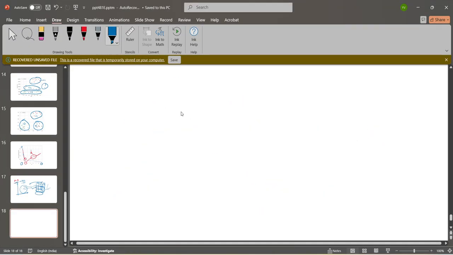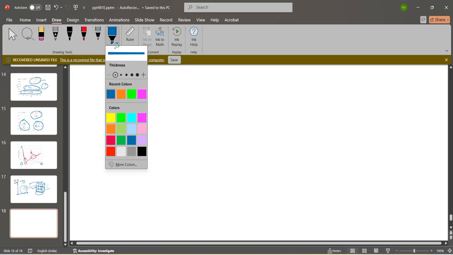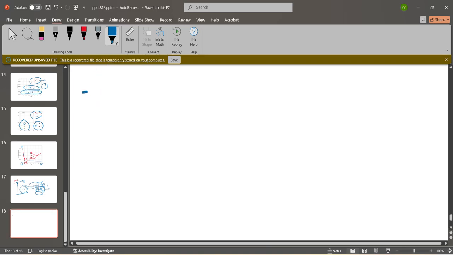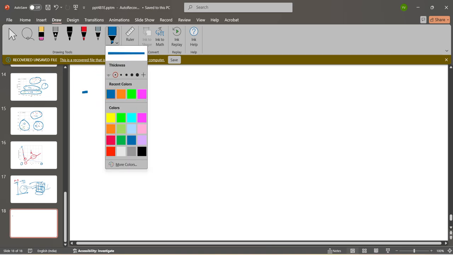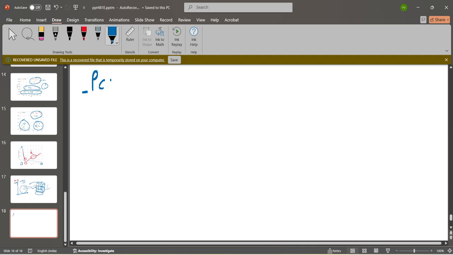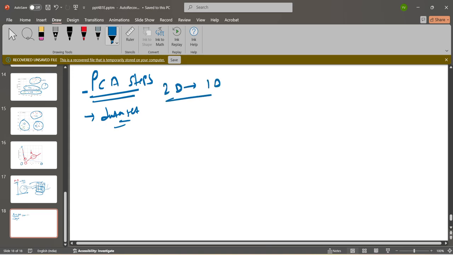So PCA steps I can write it as, PCA steps. These steps have to be performed one by one. First step is the data set. So now what we are doing is two-dimensional to one dimension.